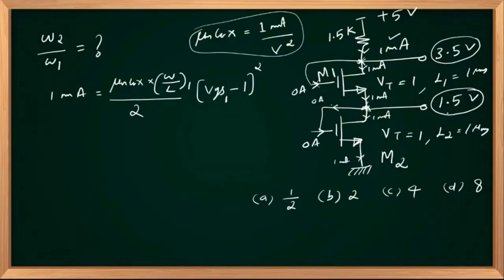Source with respect to ground is 1.5, given. Source of the upper transistor is 1.5 with respect to ground. Drain of the upper transistor is 3.5 with respect to ground. So the difference, drain voltage to source voltage of the upper transistor, VDS, is 3.5 minus 1.5, that is 2 volts. Right, 2 volts.